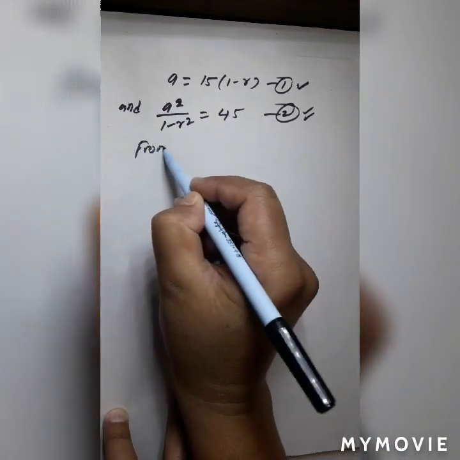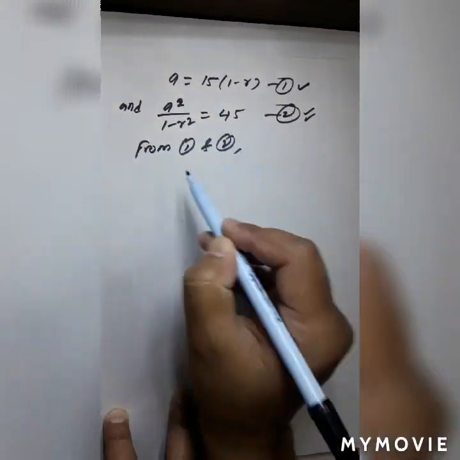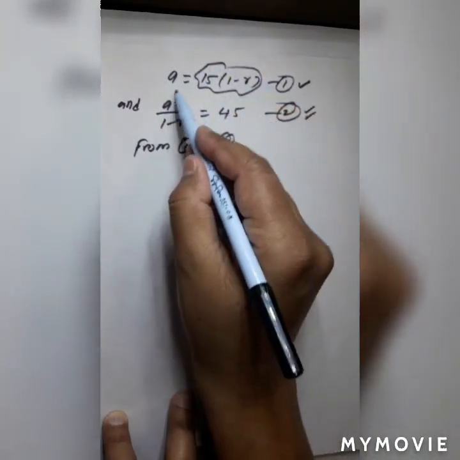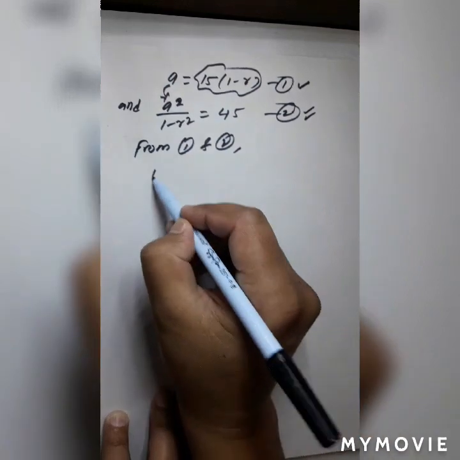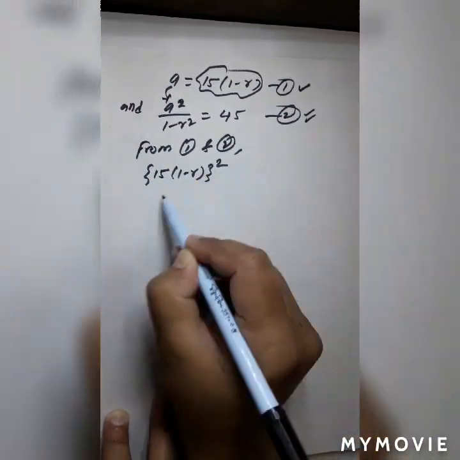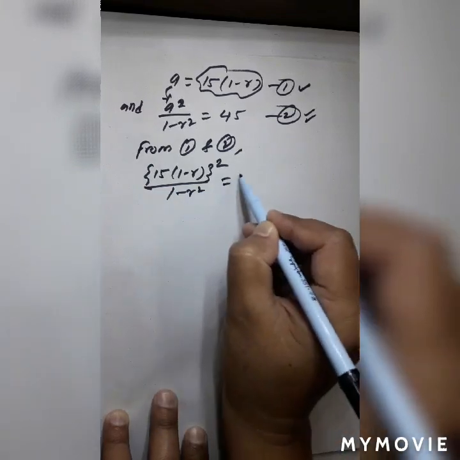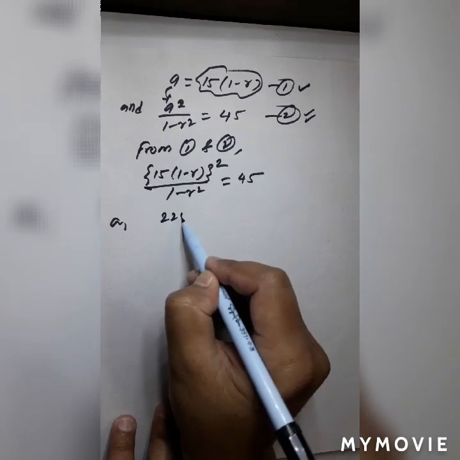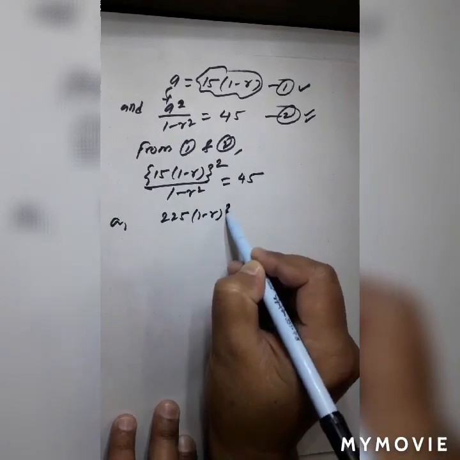From 1 and 2, the value of a is 15 into 1 minus r, so we can replace a by this value. So 15 square, 1 minus r whole square, by 1 minus r square equals 45, or 225 into 1 minus r whole square.